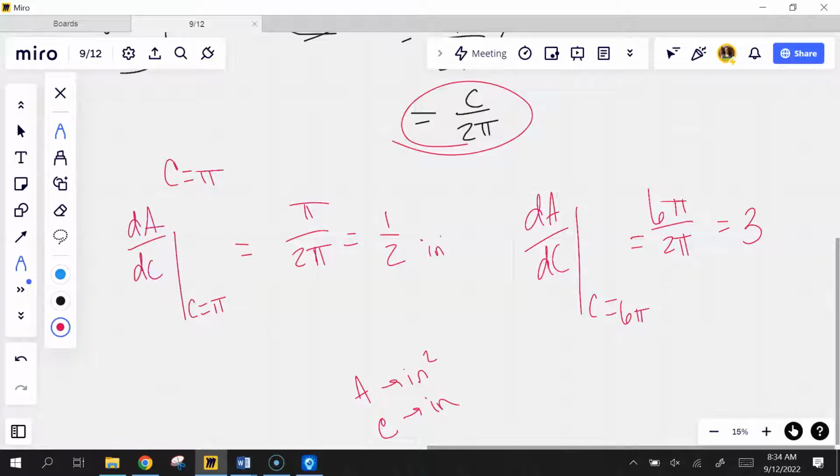Inches squared per inch. Derivative of A with respect to C, so you essentially just divide the units there. Same thing, inches squared per inch. Which it seems like that would be inches, but it's not, because that's how the area is increasing or decreasing in relation to the circumference.